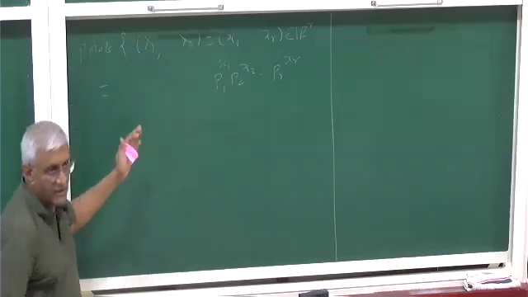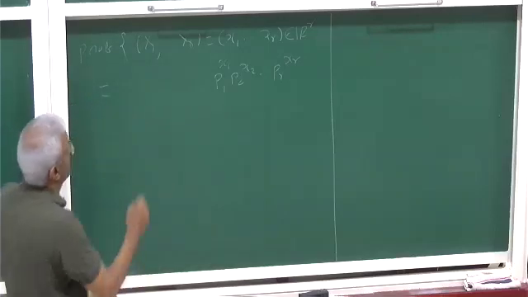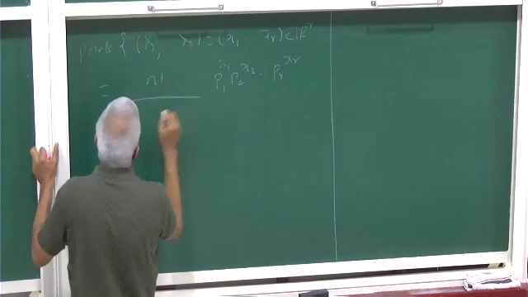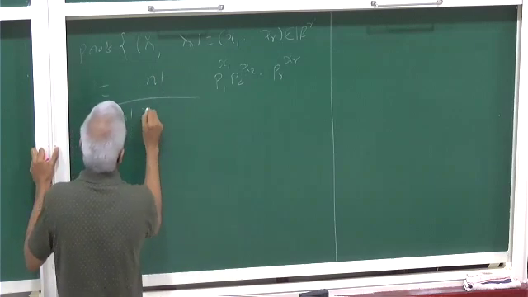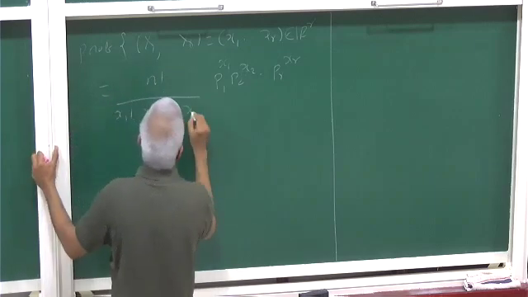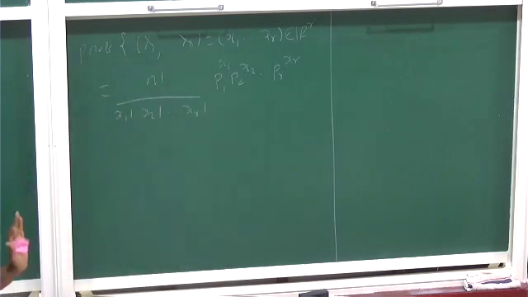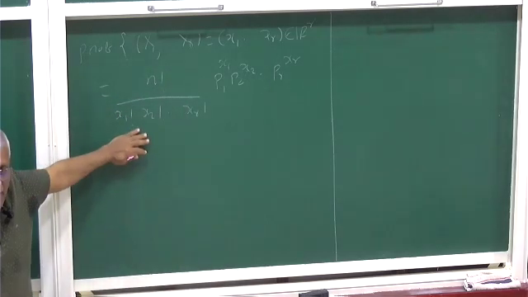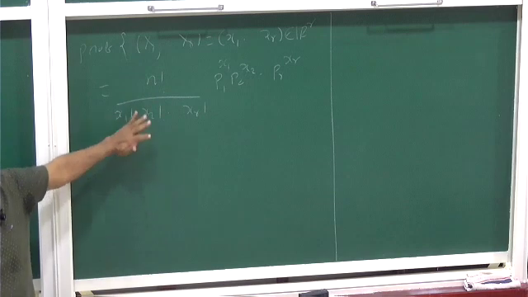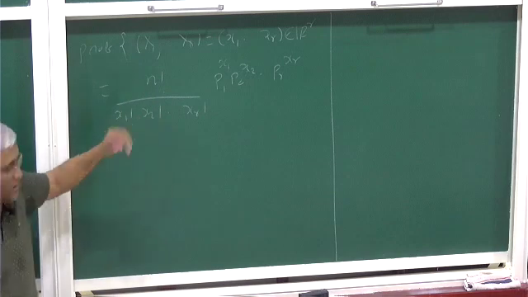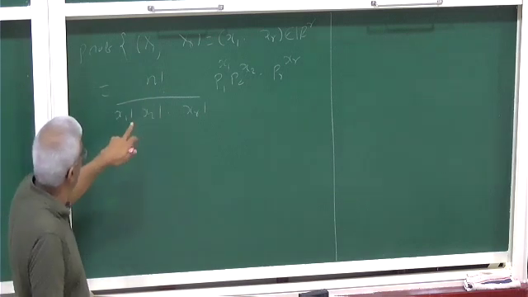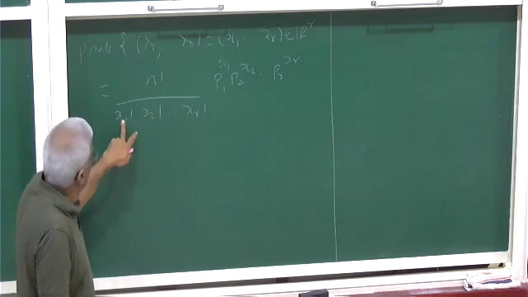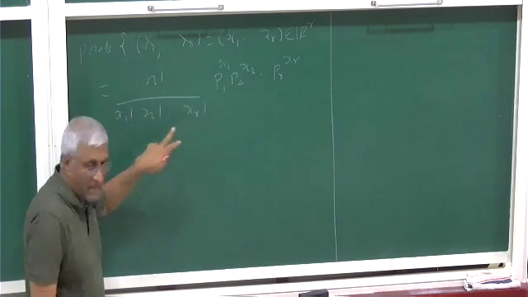Then you have to do the permutation, which gives n factorial over x1 factorial, x2 factorial, up to xr factorial. You can argue this directly: it is like choosing from n, x1 of a particular type, x2, up to xr of a particular type.